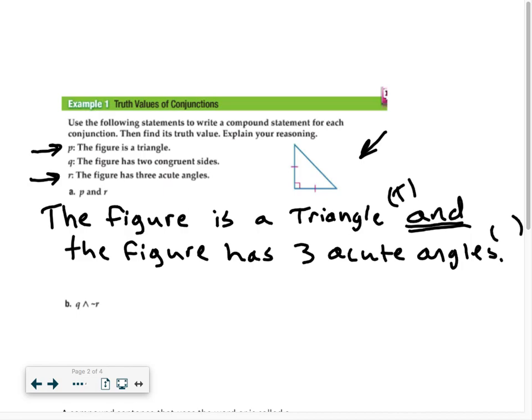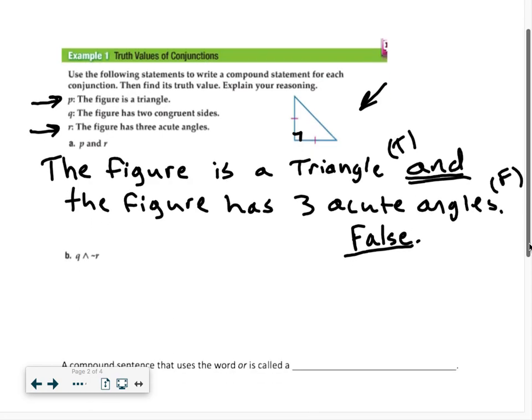Well, looking at this specific triangle, it looks like there's a right angle here. Are right angles acute? No. So this statement's false. So when we combine a true and a false, the entire thing becomes a false statement. And again, that's because for an "and" to be true, both statements have to be true.